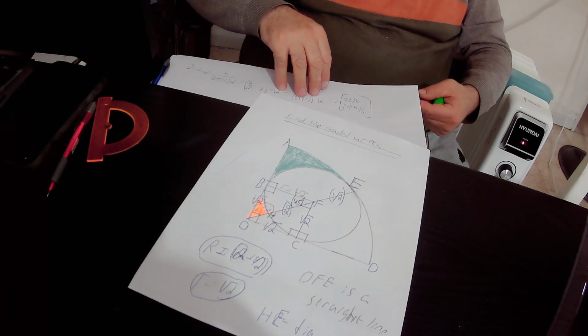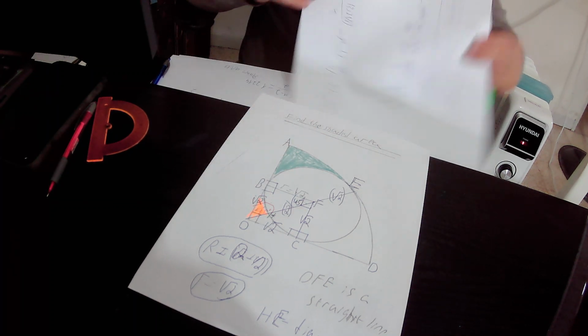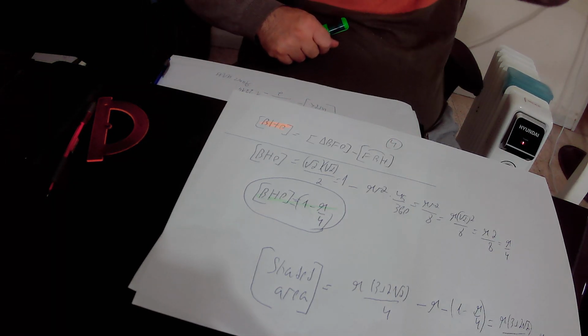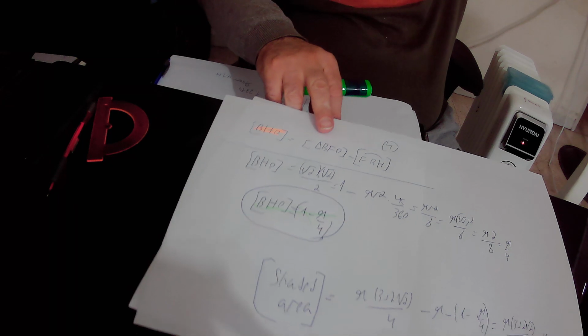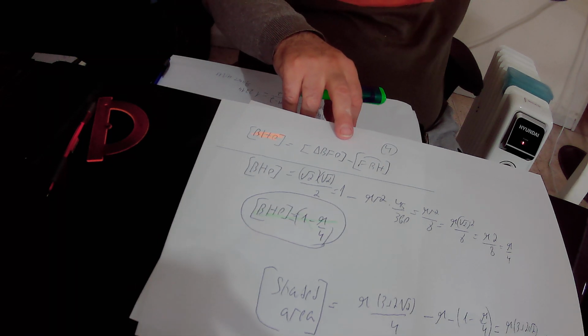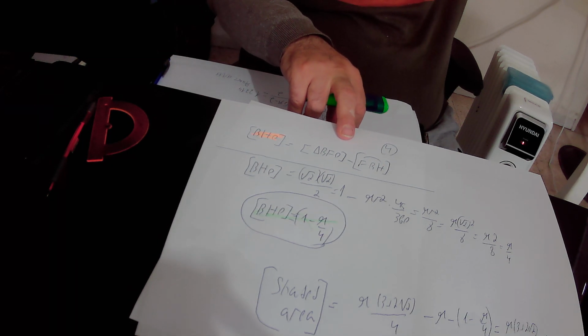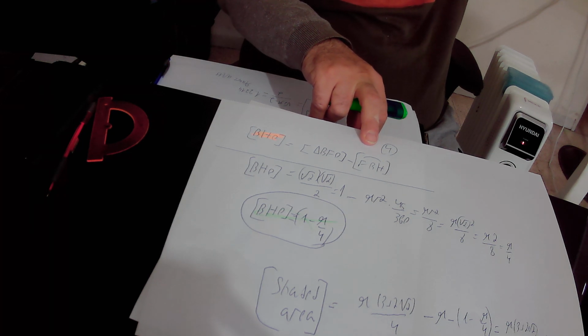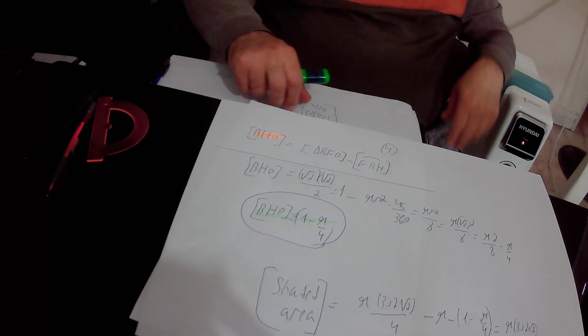Repeat again. The area of the orange shape BHO equals the area of the right isosceles triangle FBO minus the area of the small sector of the small circle, that is FBH. The small sector FBH is part of the small circle.